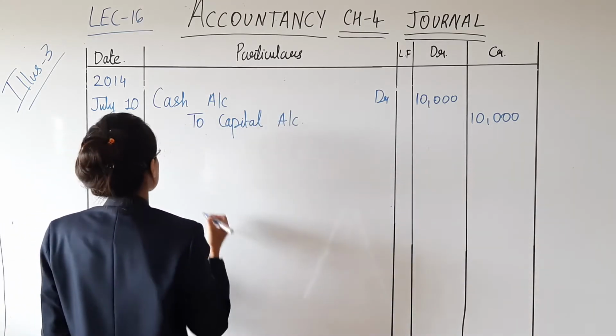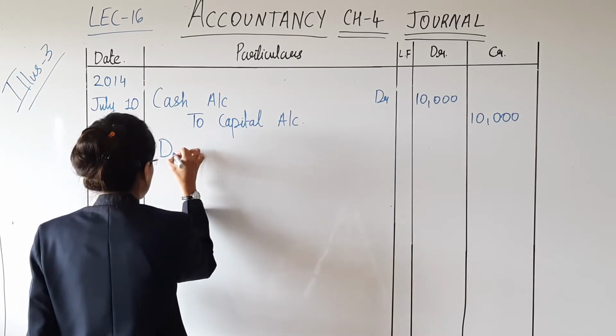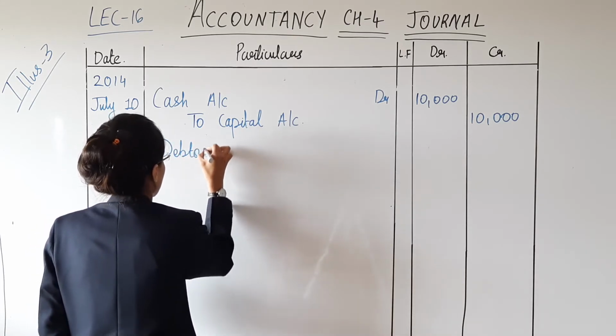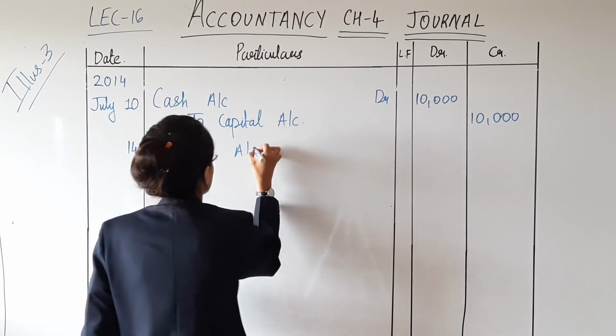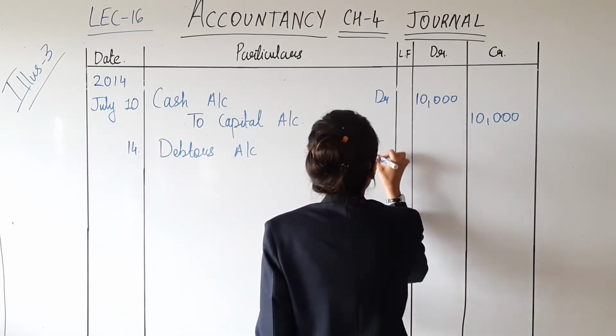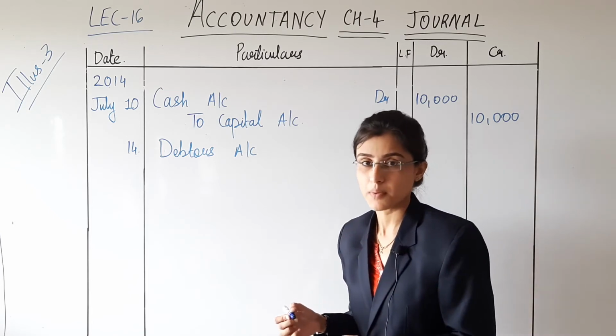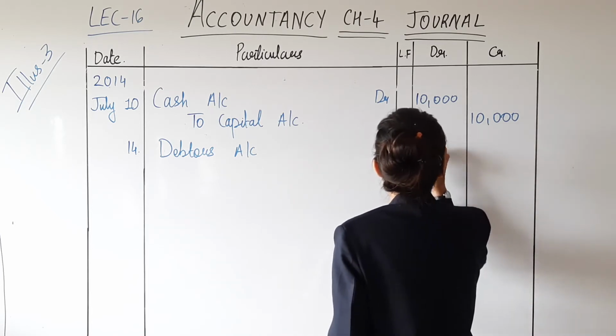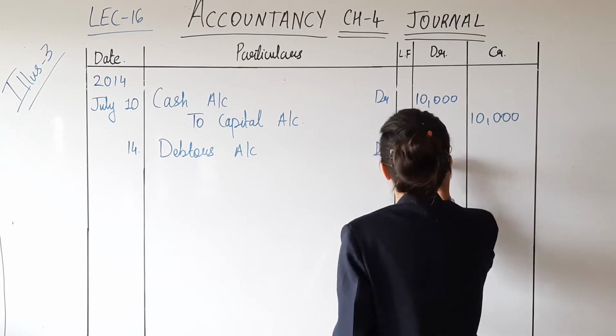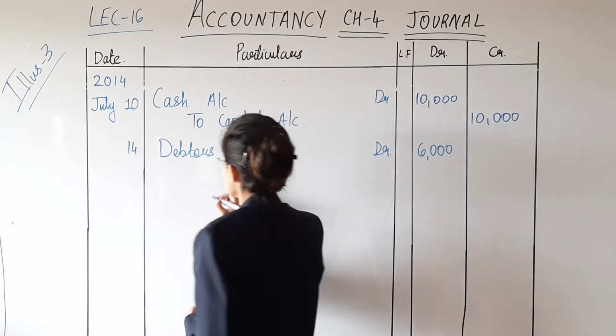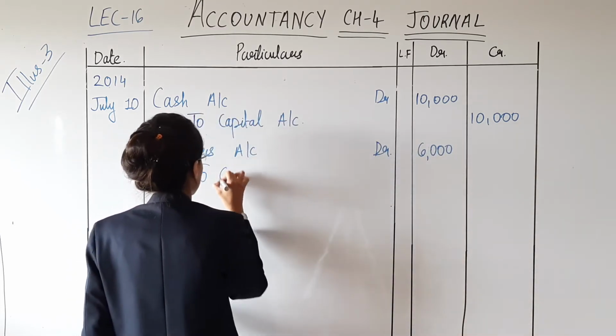I will write down debtors instead of receivables. Debtors are your customers. I mean, actually the people from whom you have to receive amount, of 6,000. Then creditors, payables.